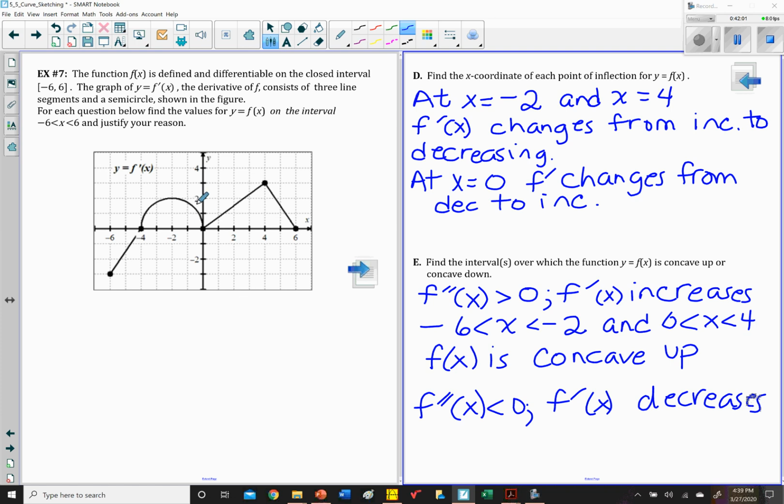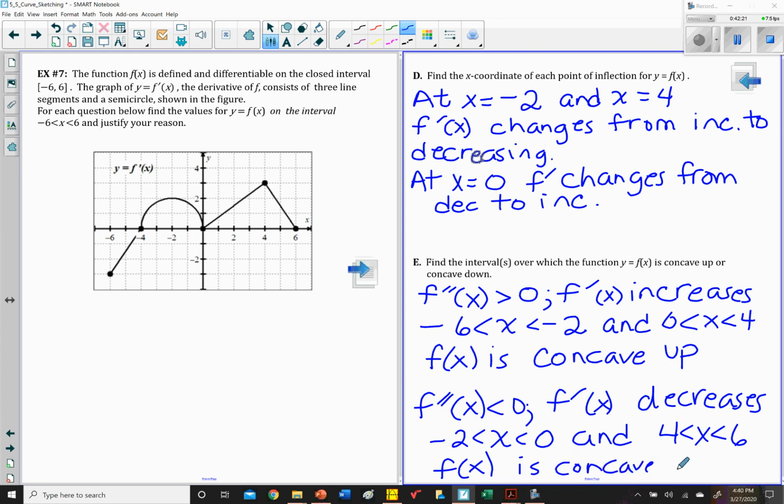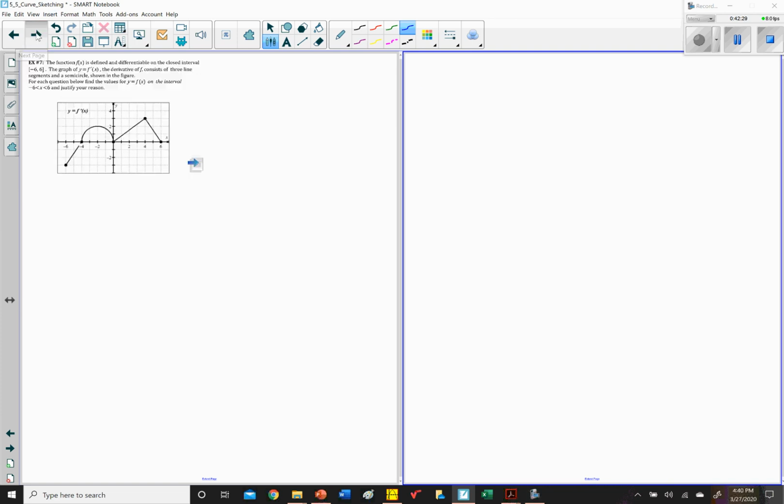And where does that happen? That's on -2 to 0 and 4 to 6, which tells us our function is concave down. Wow, this is a long lesson. And then we got 2 more to go.